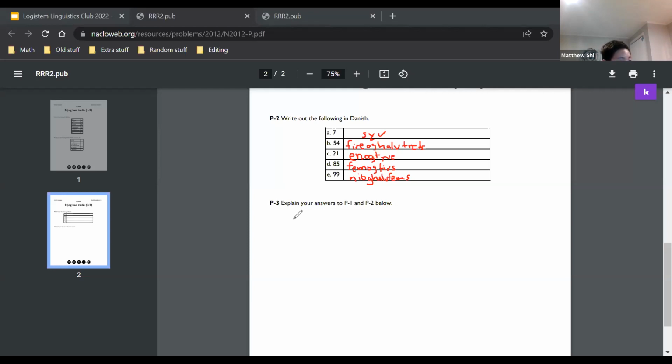In the tens, 2 is TYVE. We don't have 1, 3 or 4 either. 5 is HALVTREDS, 6 is TRES, 7 is HALVFJERDS, 8 is FIRS, and 9 we cannot derive.